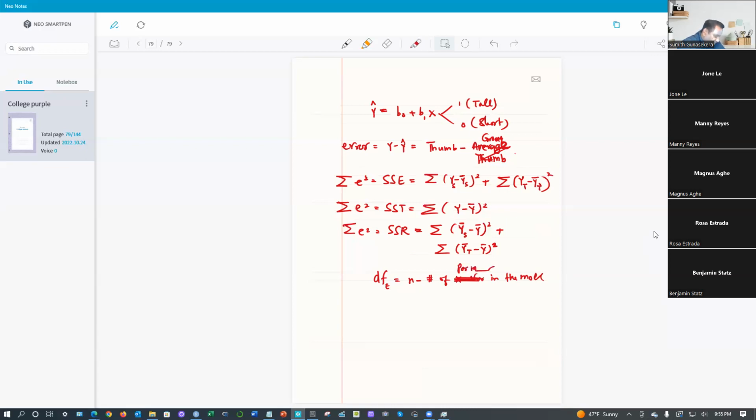And degrees of freedom of regression is the number of regressors, the x variables in the model.